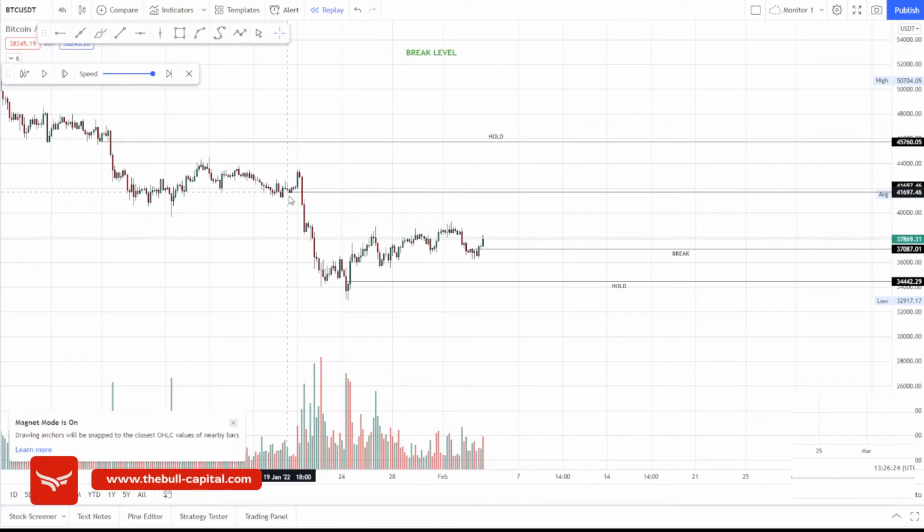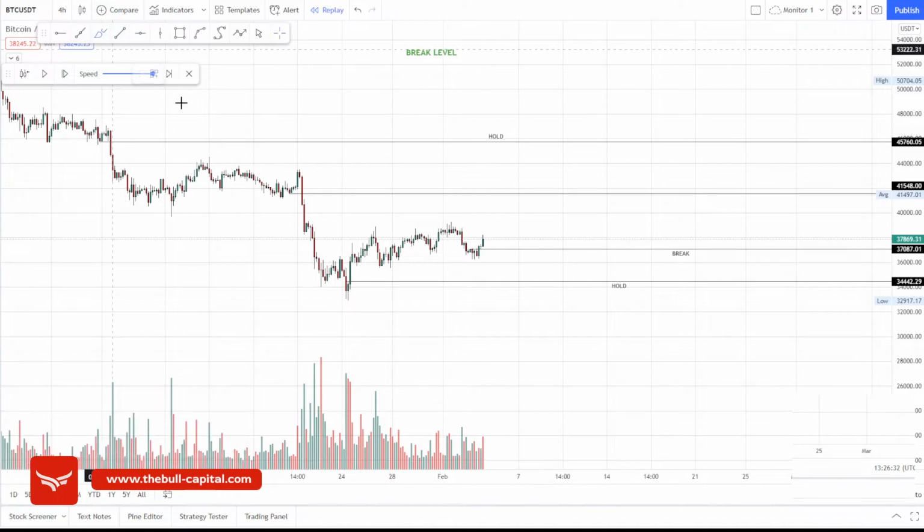I'm on 4 hour. Yeah, we have another hold level here. This is the origin point, it's called origin, because from here it starts this local downtrend.